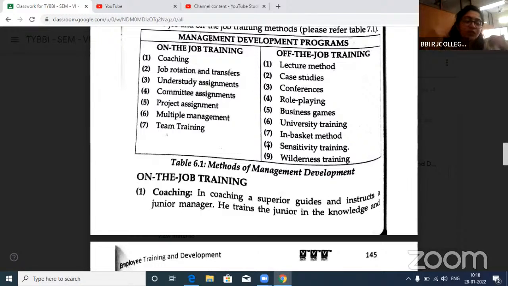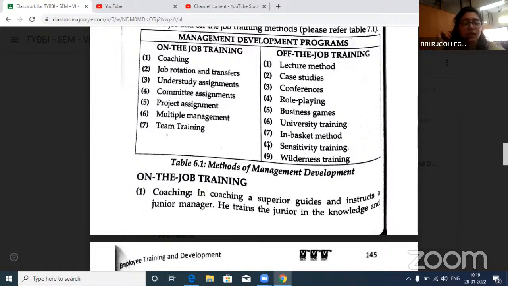Looking at them, you will learn many new things: how they are working, how they are speaking, how they are deciding the targets, how they are taking decisions. When an assignment is given to that particular committee, you will learn from them.